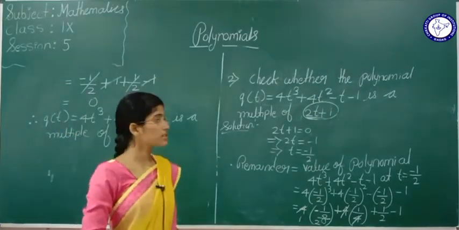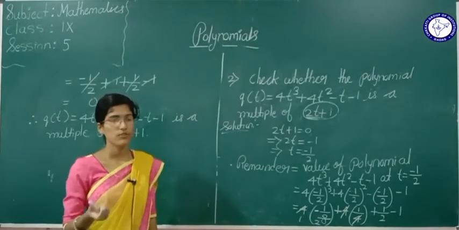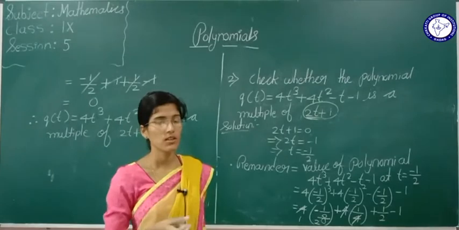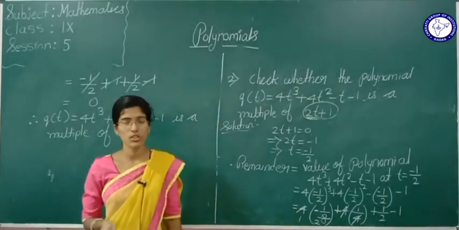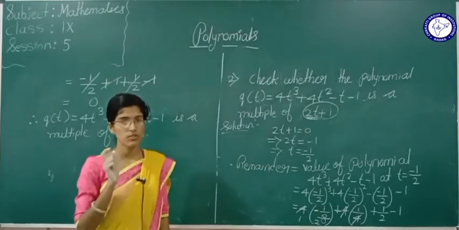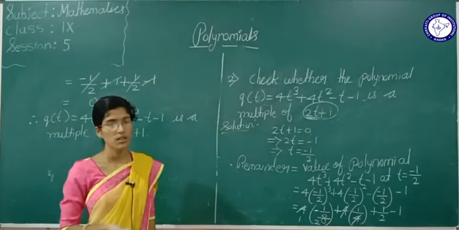Now see here, students, by using the remainder theorem what do we have to do? If they tell you to find the remainder of the given question using the remainder theorem, equate the divisor to 0. Whatever value you get, substitute in the dividend. You are going to get the remainder.